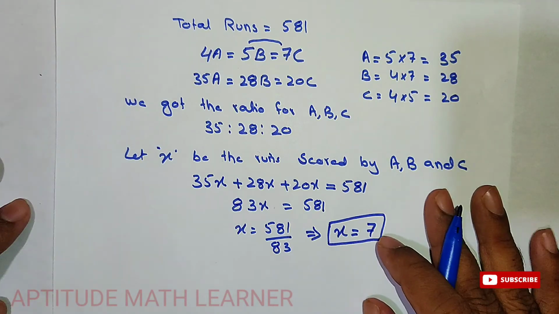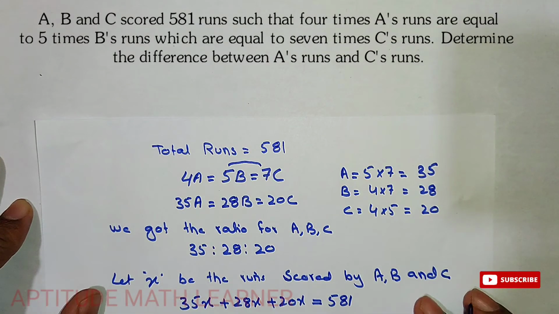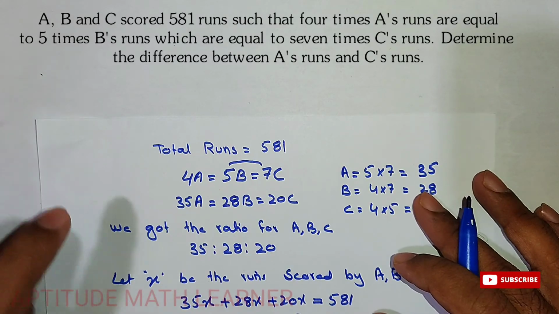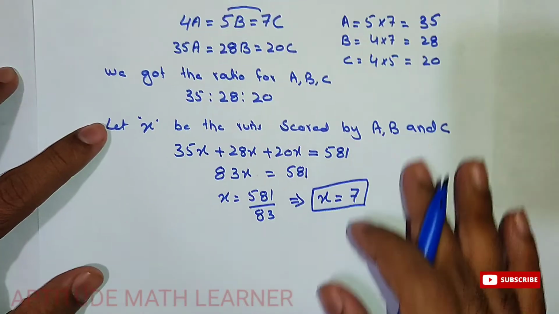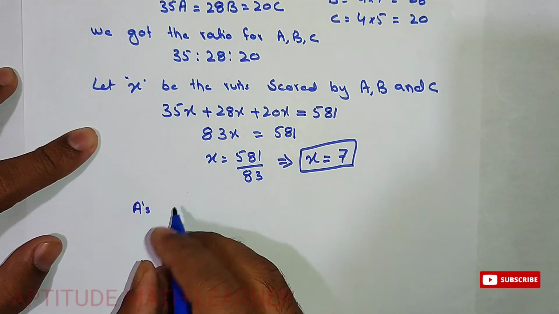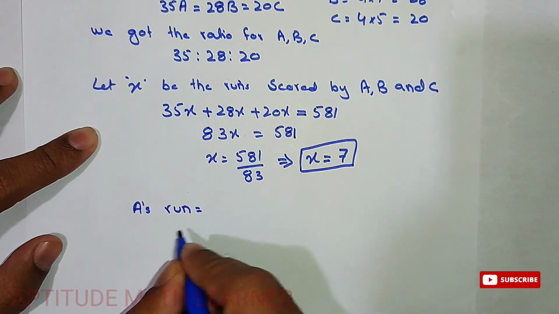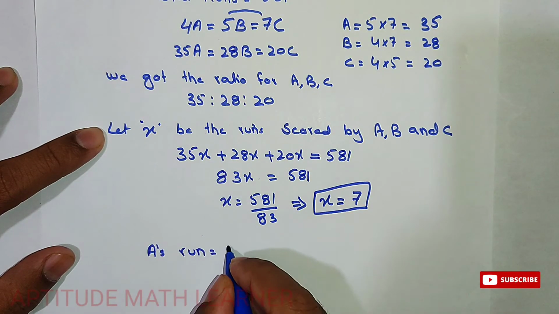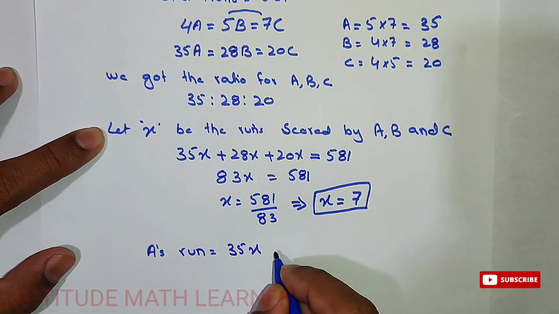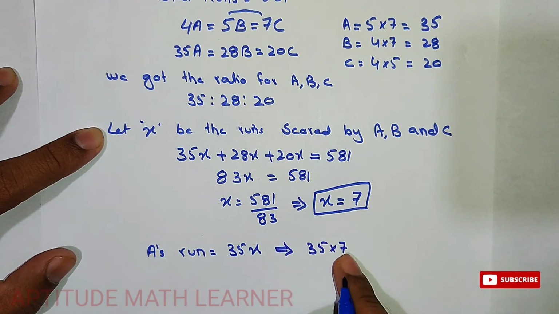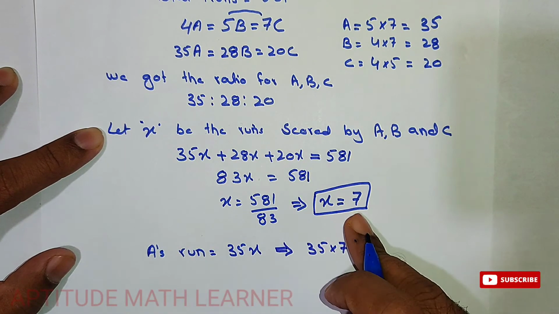In the question, we have to determine the difference between A's runs and C's runs. So here we just have to find A's and C's runs. A's run is in the ratio 35, so 35x, which is 35 multiplied by 7, since 7 is the value of x we just found.